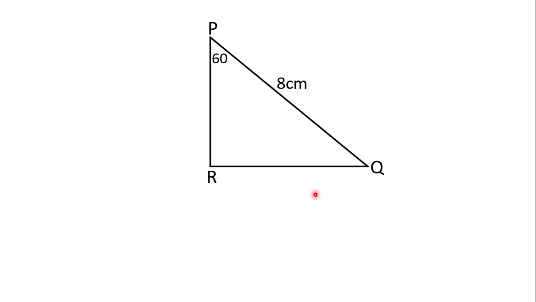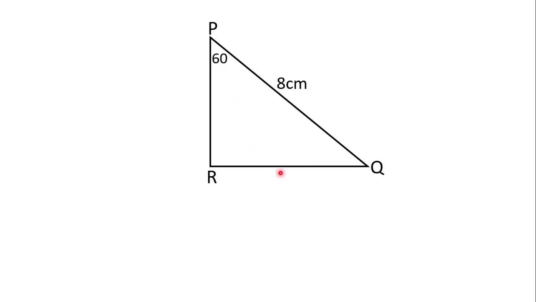We are looking for QR. So what ratio are you going to use? That is sine. Why are we using sine? We are using sine because the angle is here, and the side that we are looking for is this side, which is perpendicular to this angle.